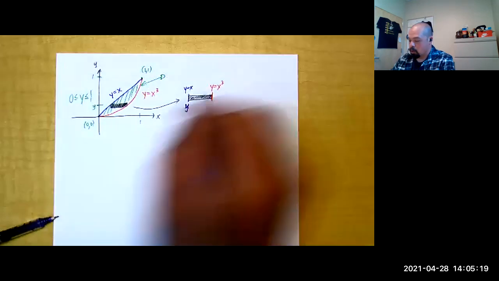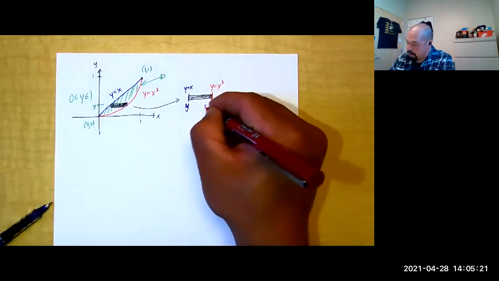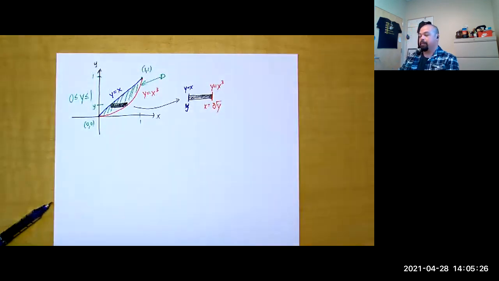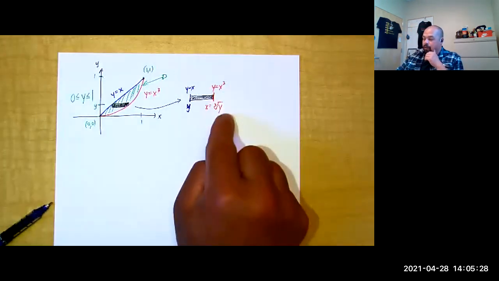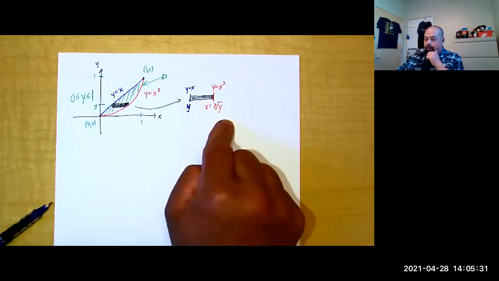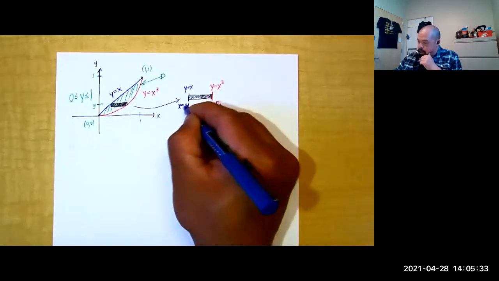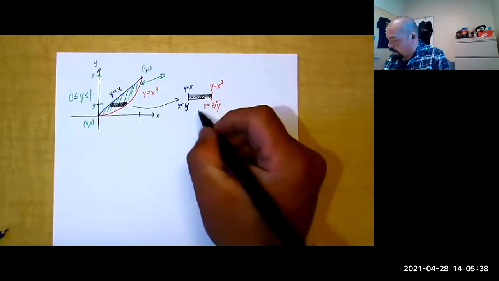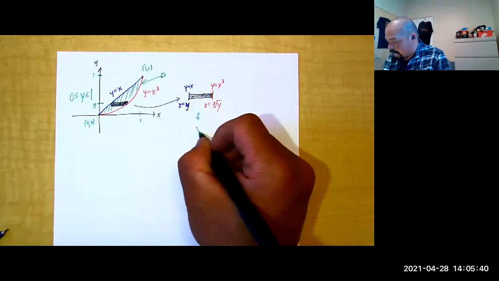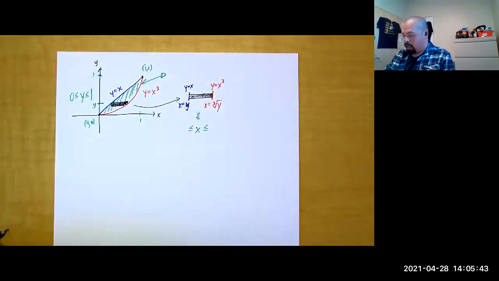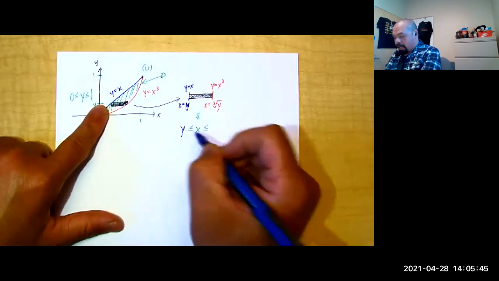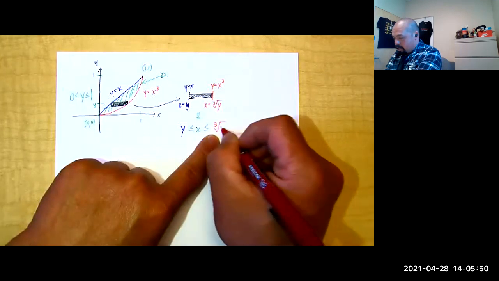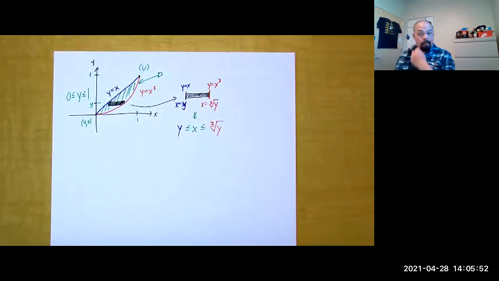So this is going to correspond to x equaling the cube root of y, solving for x here. So the x ranges between the smaller one being the line x equals y, and the upper being the cube root of y.